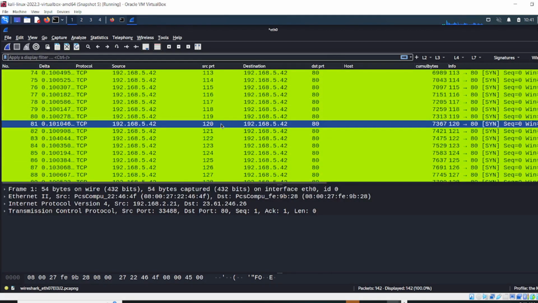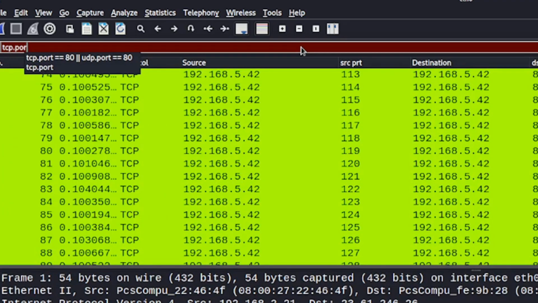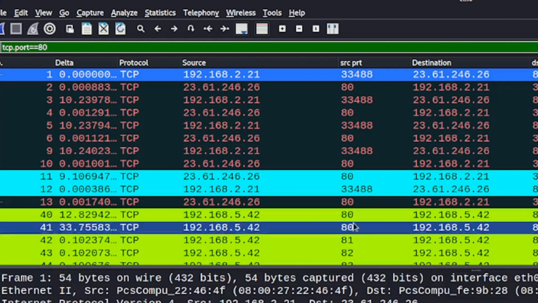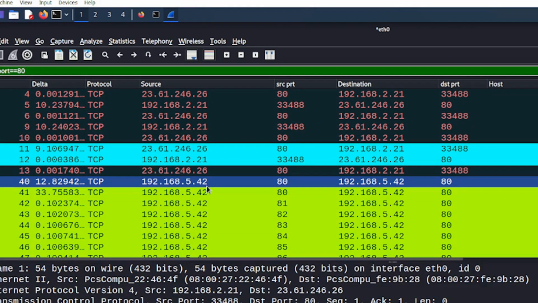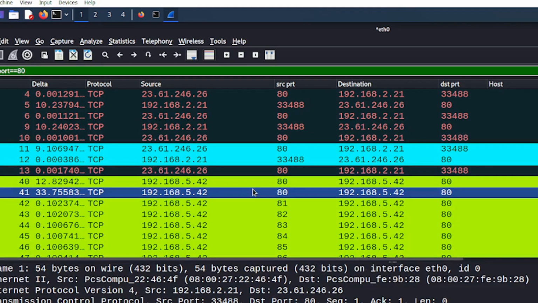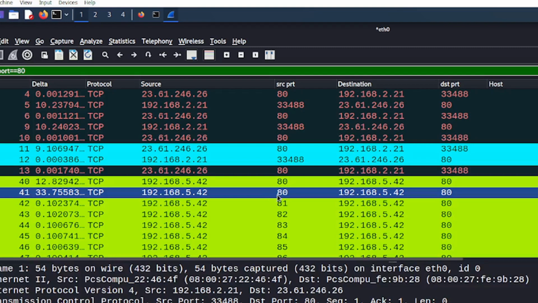So that's not totally a land attack, but we can actually filter and find that original one. So let's do TCP port equal 80. Right away, we've got the very first one. That's the one that we sent originally. We got 80 going towards it. And in fact, we can see that over here at packet number 41, that's actually when we started the flood.